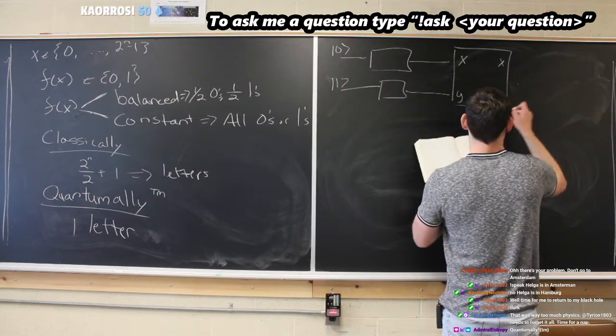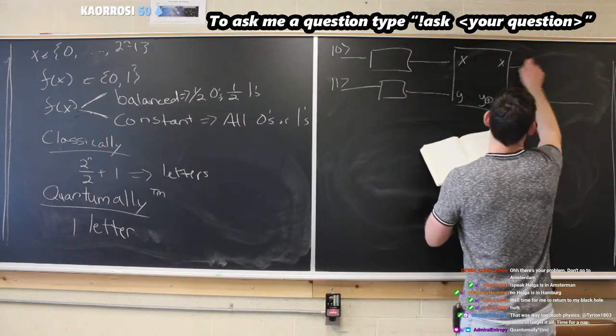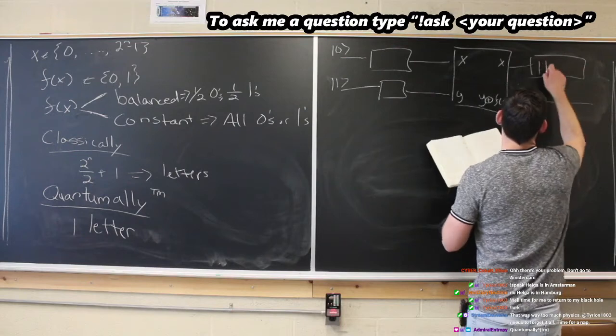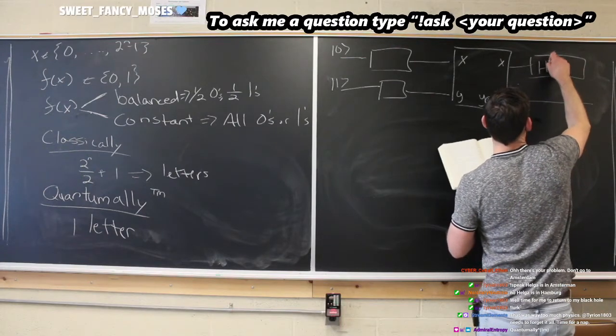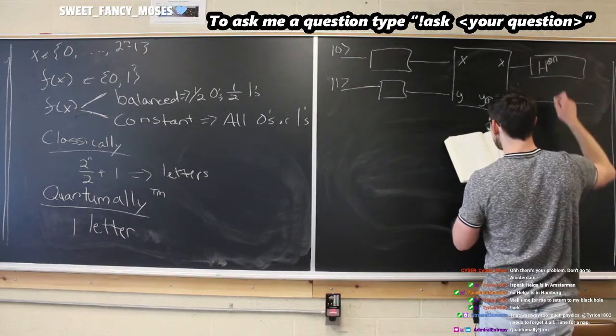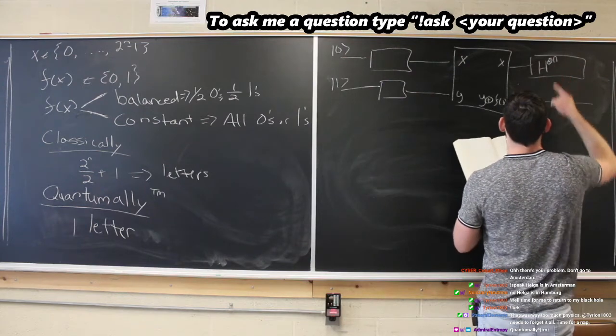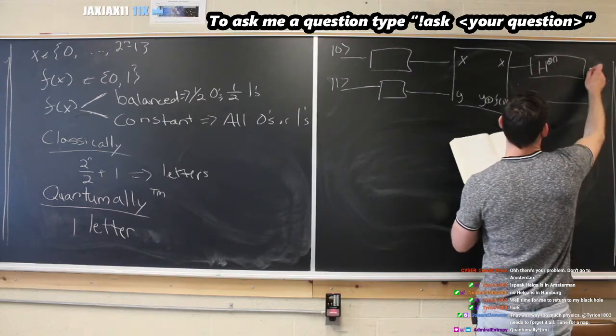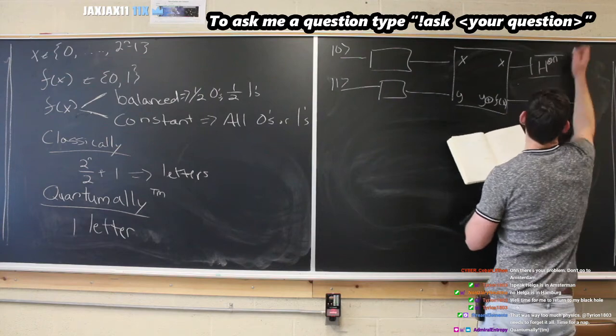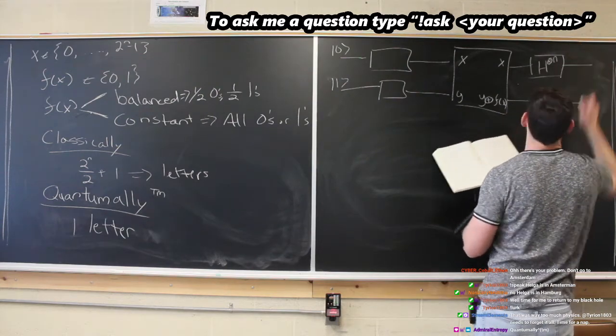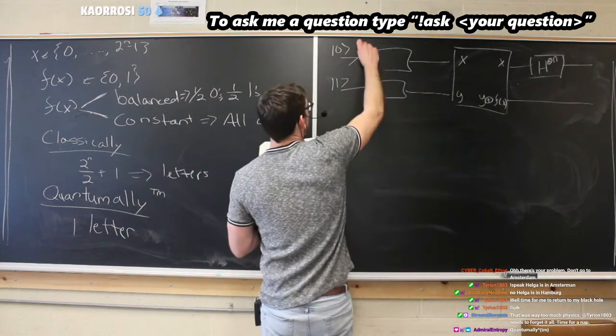Then let's do the Hadamard gates. Remember, this is the n tensors, so there's going to be a Hadamard gate for each of the 0 states. There are going to be n 0 states.